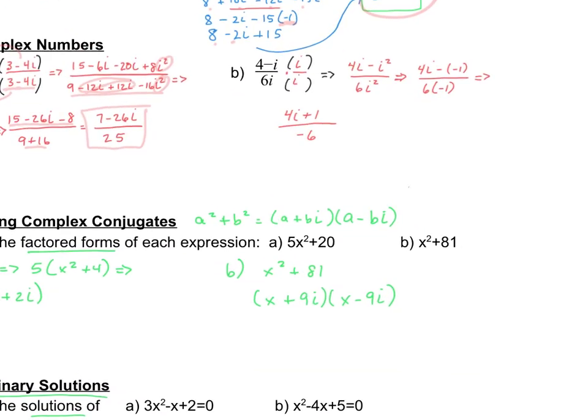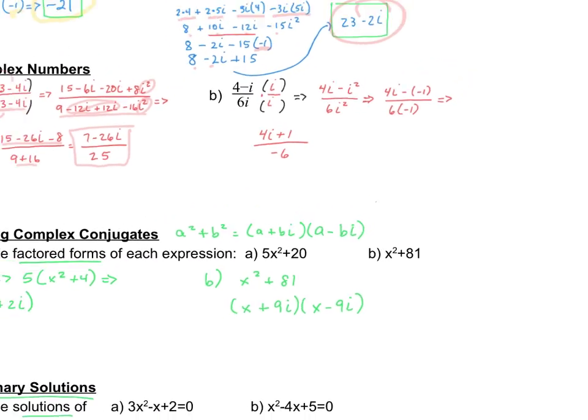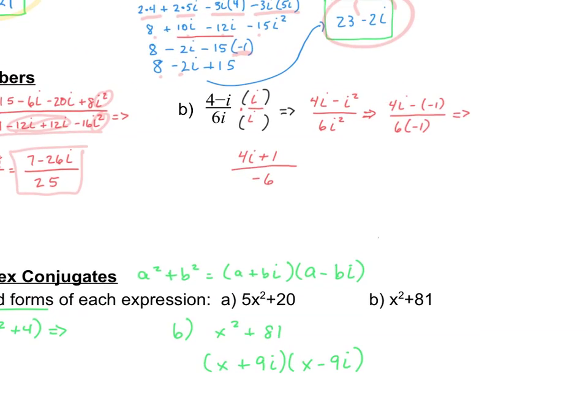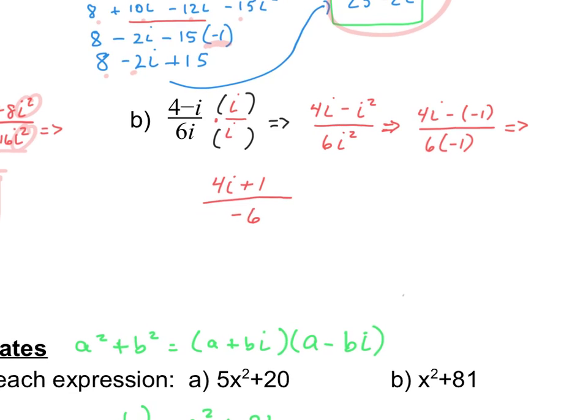The easiest way on this next example was to get rid of i. I need to have i squared, so I simply multiplied my expression here in B by i over i, which is 1. Then I end up getting 4i minus i squared over 6i squared.